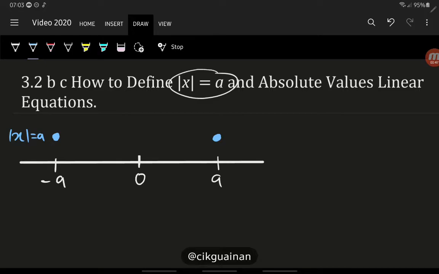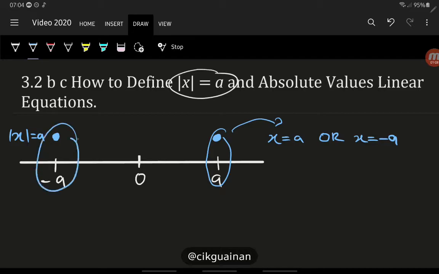Since it's equal, it means that exactly the distance is a or minus a. So it means x equals a or x equals minus a. As you can see here, this is x equals a, and this is x equals minus a.